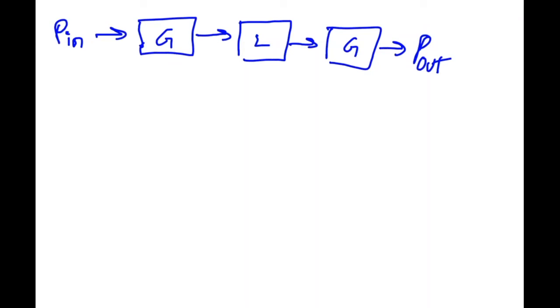So in this case, let's say we can make up any numbers here, a 20 decibel gain and a 10 decibel loss, and then another 5 decibel gain.